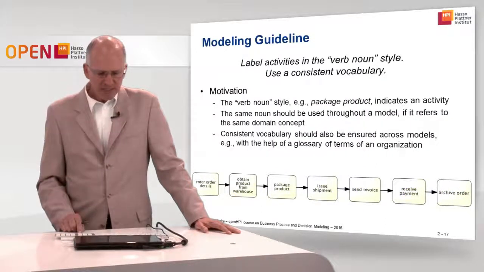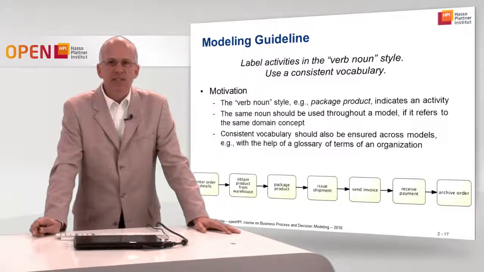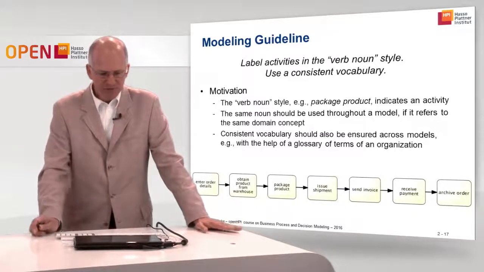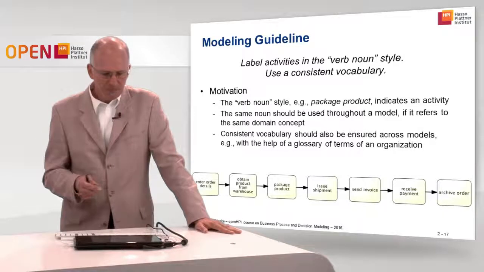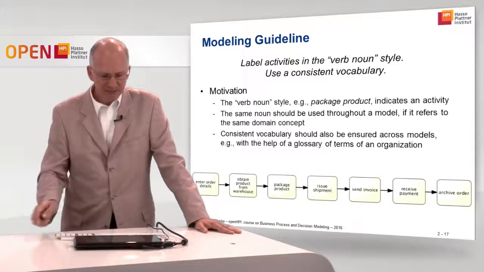Coming to the modeling guidelines of activities, it's very important to label activities correctly so that your colleagues will understand what you mean by this activity, what type of activity and what business activities are represented by a certain process activity.